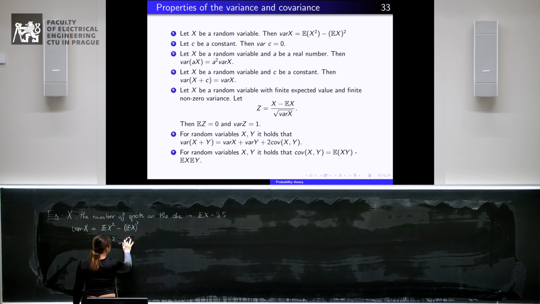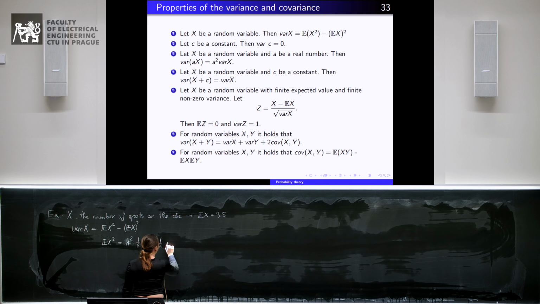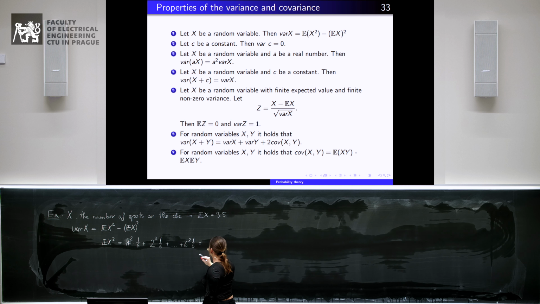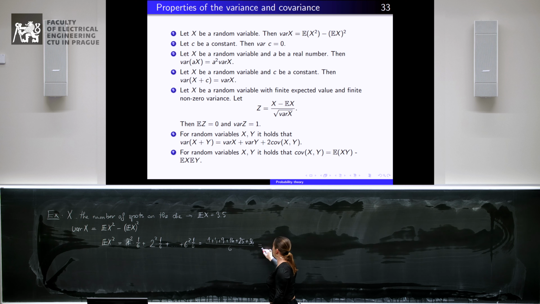And the expected value of X squared means that we use the taken values squared and multiply them by the probabilities 1/6, which is in fact 1 plus 4 plus 9 plus 16 plus 25 plus 36, and it is 10 plus 20, 30, 91/6.